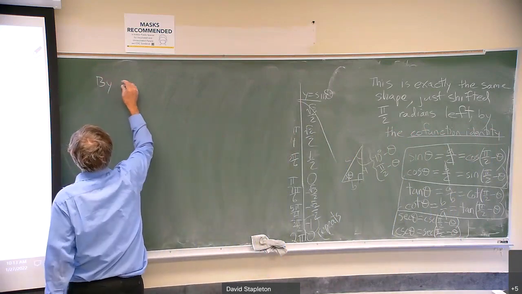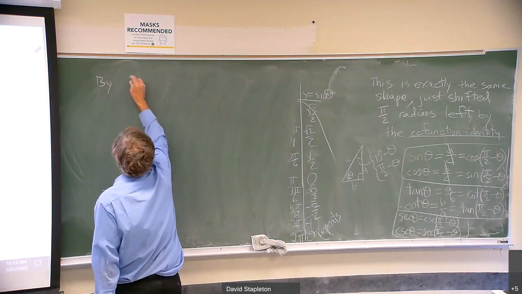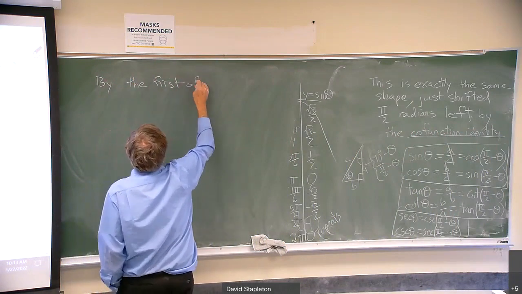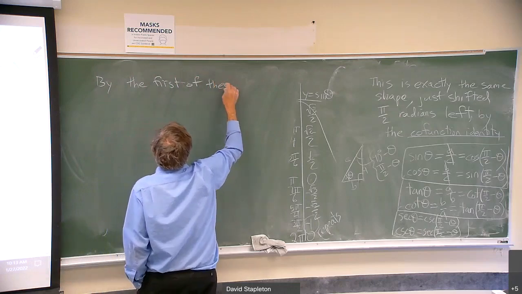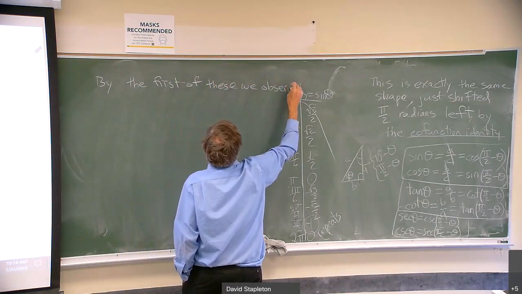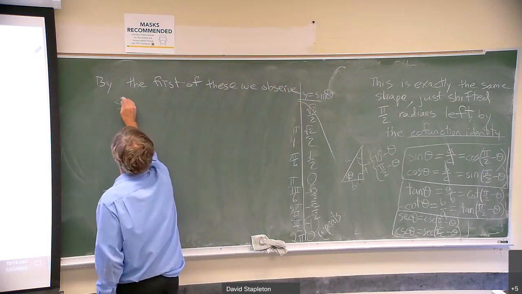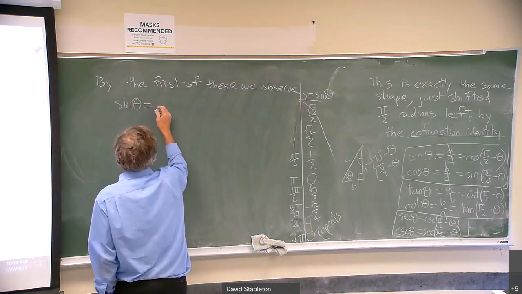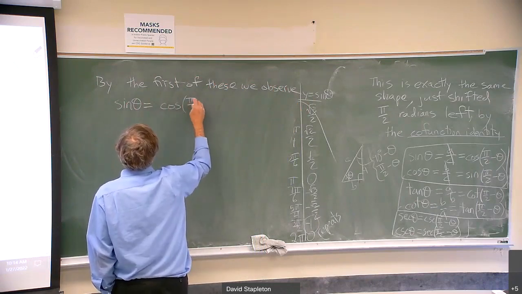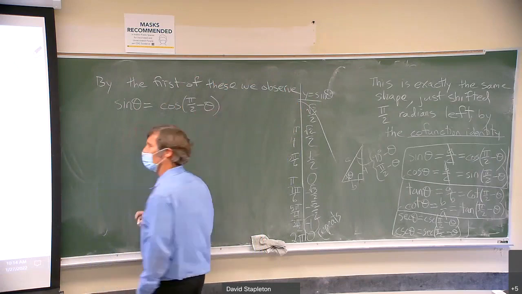By the first of these, we observe that sine theta in each of the angles is cosine of pi over 2 minus theta, right?